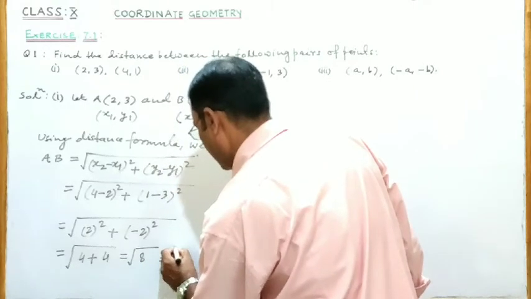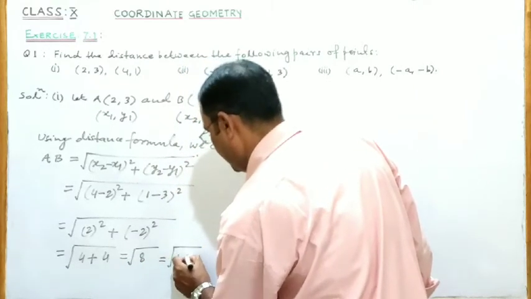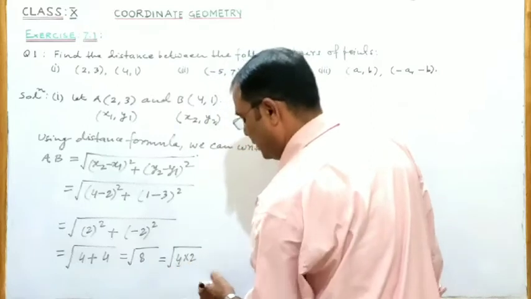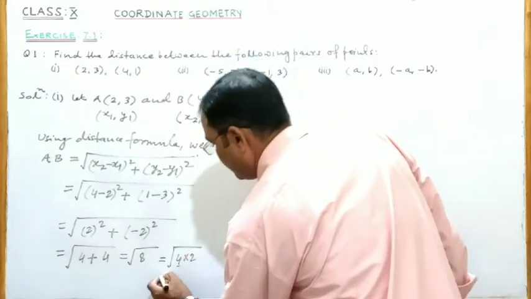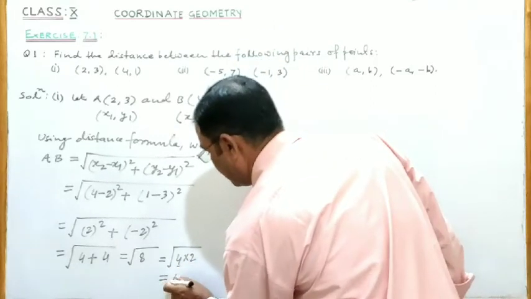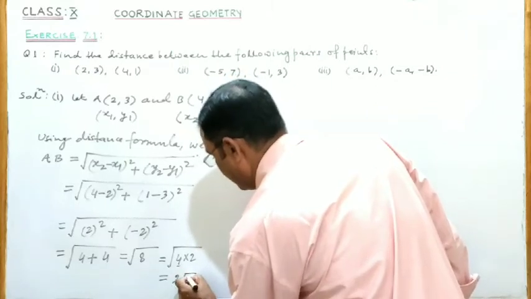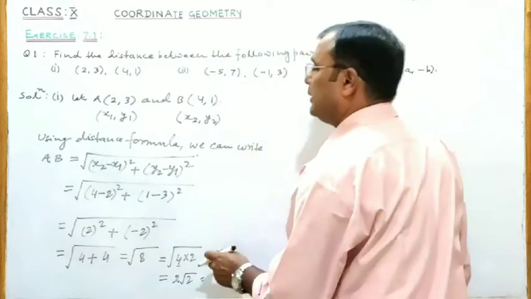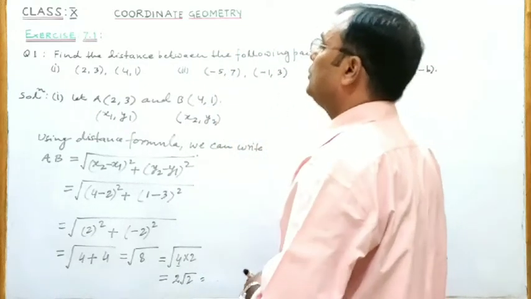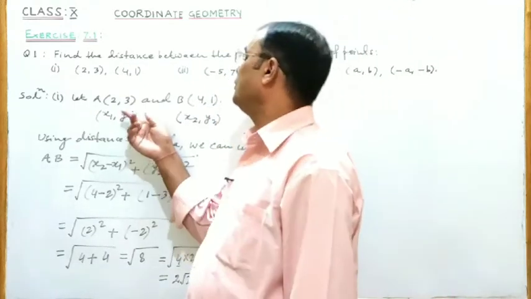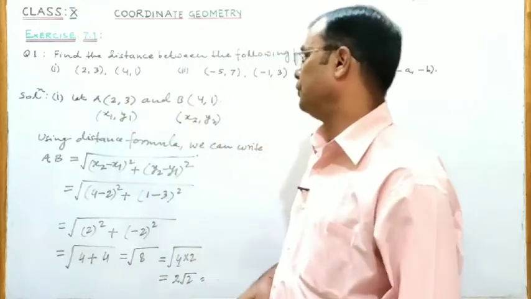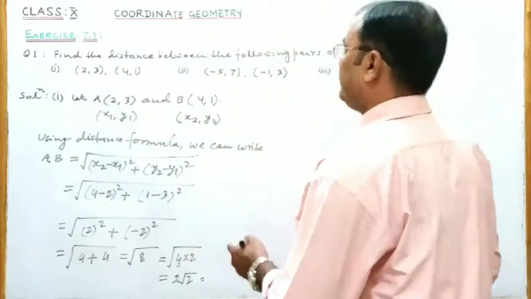Factorize and write it as 4 into 2. 4 is perfect square, so it is 2 under root 2 units, and this is the distance between two given points (2, 3) and (4, 1).